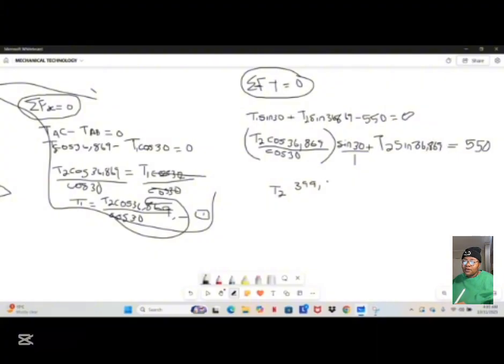Plus, don't forget this one, T2 sine 36.869, which will give us the answer of 550.